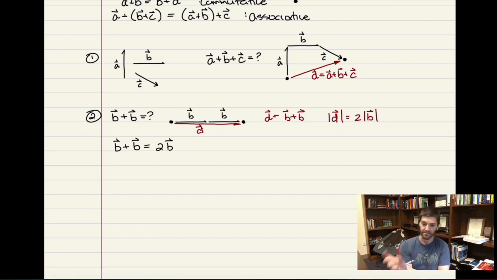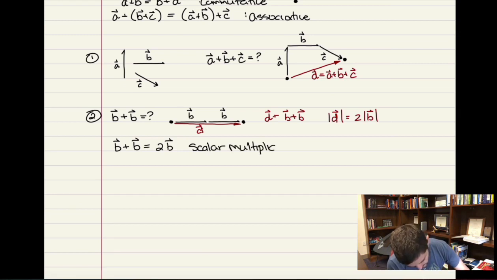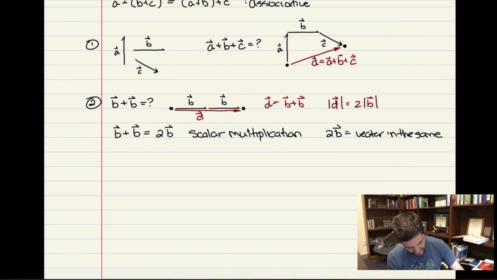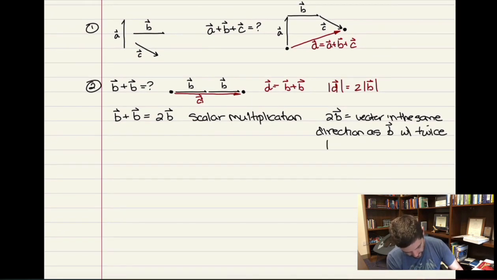When you see a number times a vector, that's what's called scalar multiplication. So 2b is a vector that's pointing in the same direction as B, with twice the length.